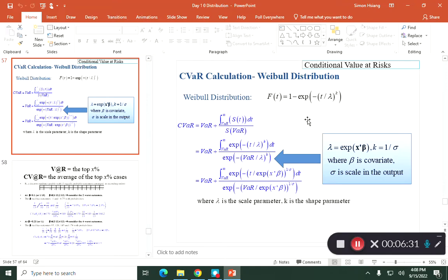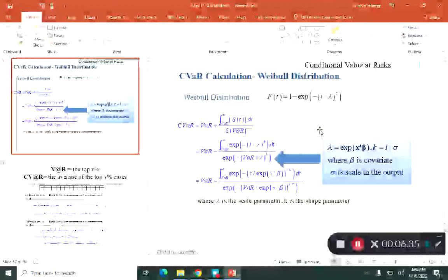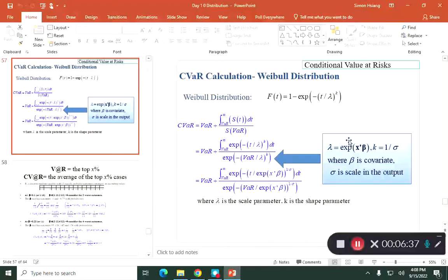When k equals 1, what distribution? People, what distribution is the special case when the shape parameter equals 1 in Weibull? Exponential, exactly. That should be common sense to you. Okay.